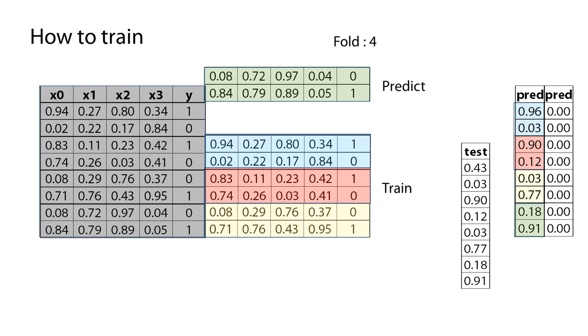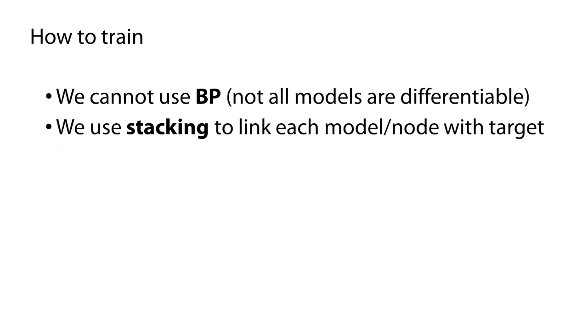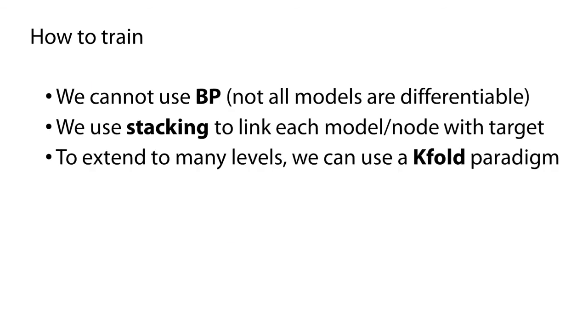So this is how we generate the predictions of the different models. I explained to you how we can use this k-fold cross-validation in order to generate training and test predictions, which we can then carry into later layers.